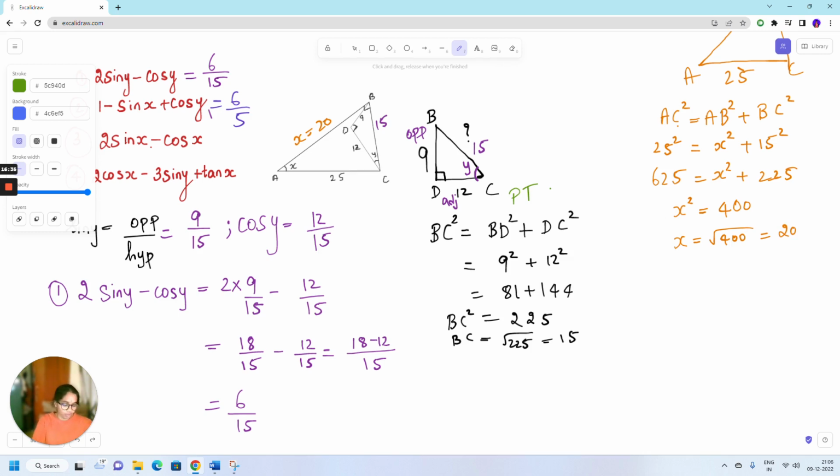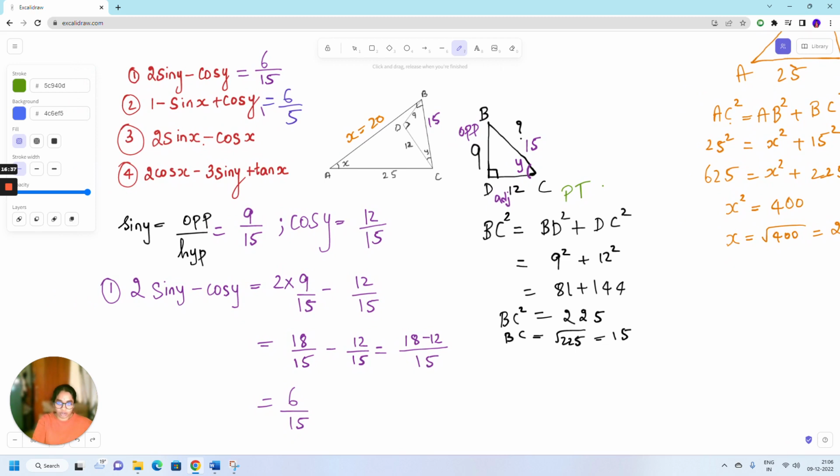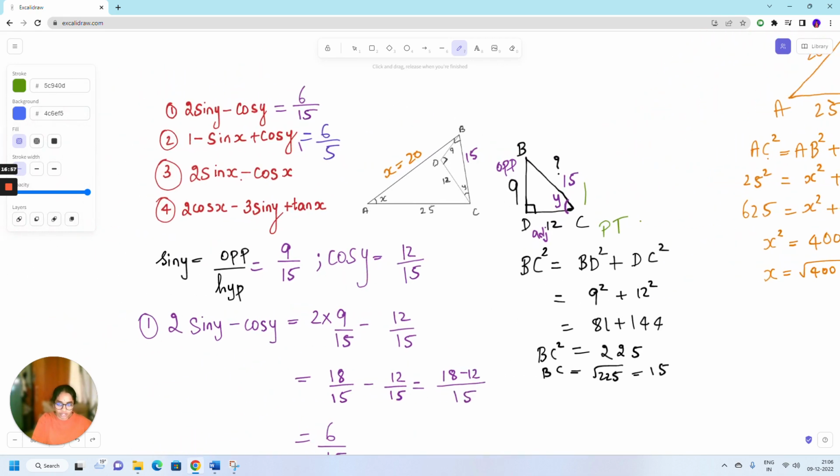The first question was to find 2 sin y minus cos y. Since the angle y is in the triangle BDC, we took only the triangle BDC. For the value of 2 sin y minus cos y, we got 6 divided by 15. For the second one, we have 1 minus sin x plus cos y. We knew what is y, so we took the triangle BDC for the angle y.